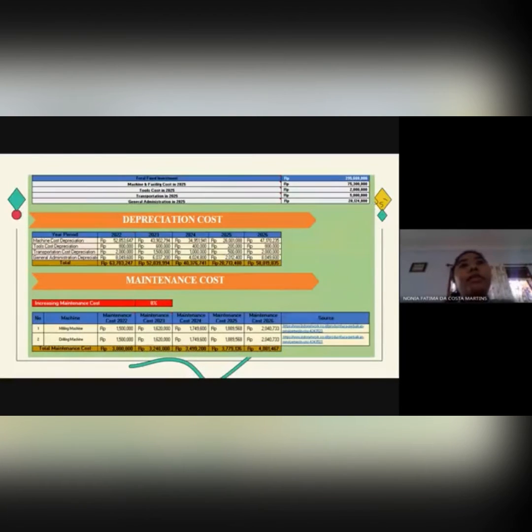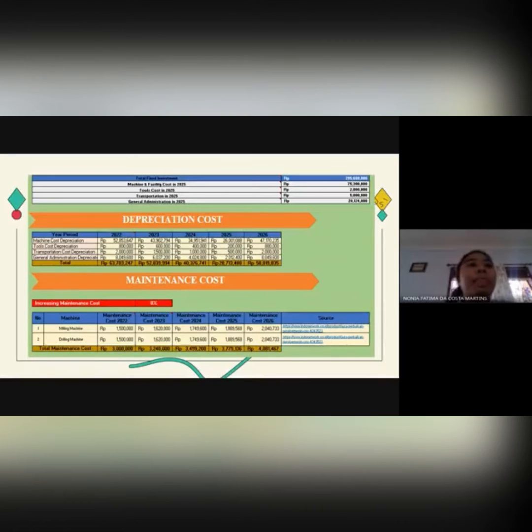So in total fixed investment, we get 295 million and 616 rupiah. From the total of general administration in 2025, we got the result 20 million and 124 rupiah.